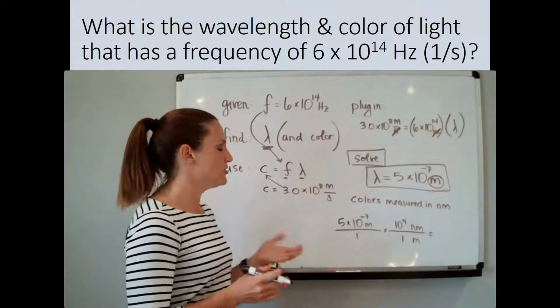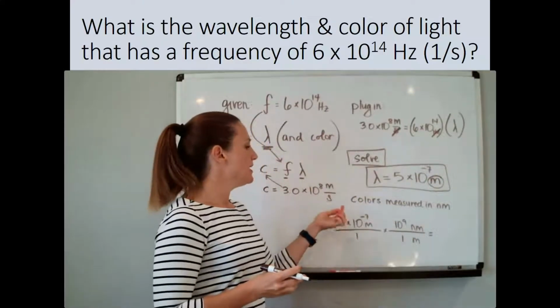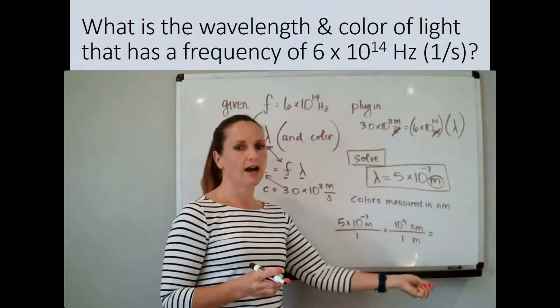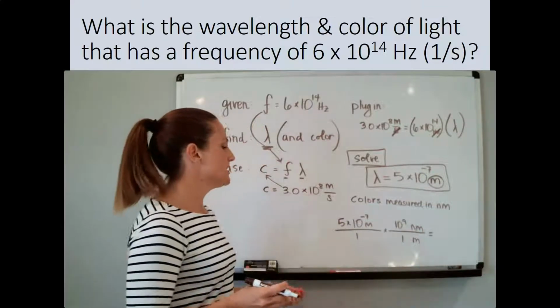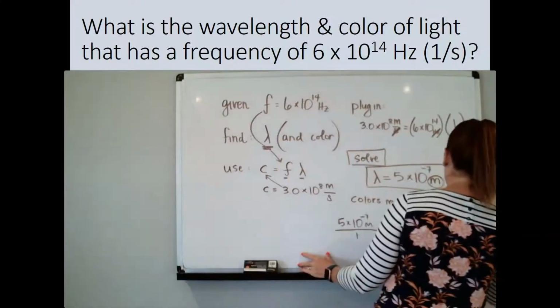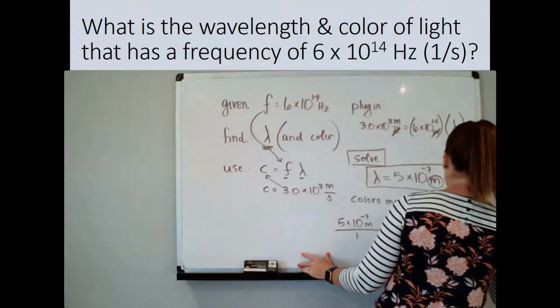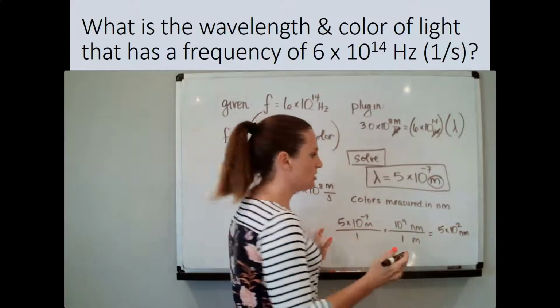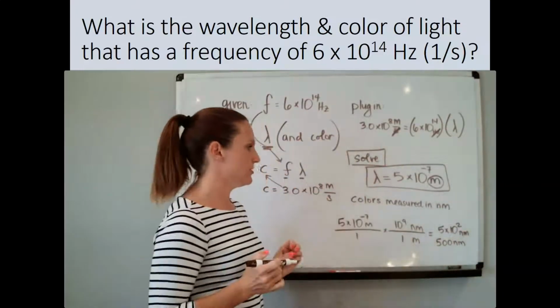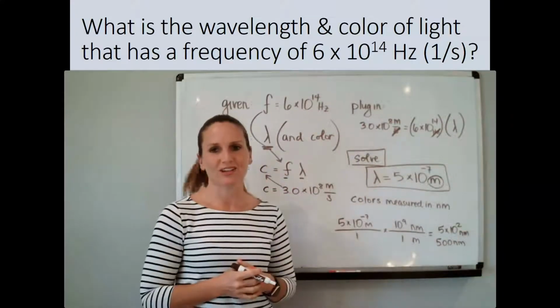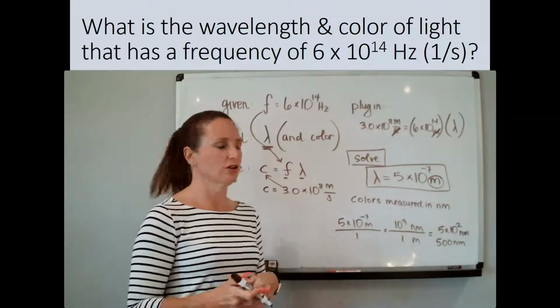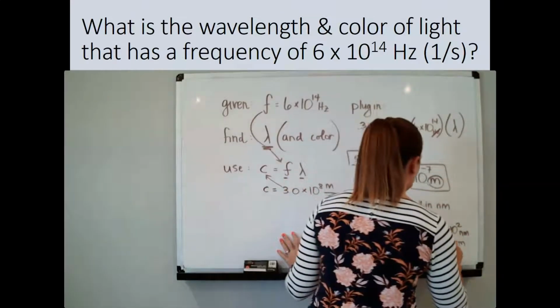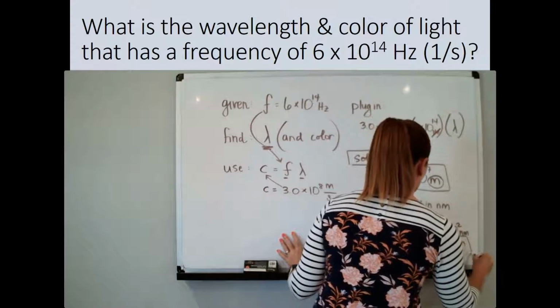So all we have to do for that is negative 7 plus 9. And so we end up with 5 times 10 to the second nanometers, or 500 nanometers. That's how we're going to solve it. So we're going to solve it using dimensional analysis. So we get this answer of 500 nanometers.